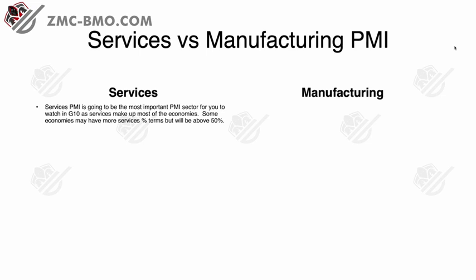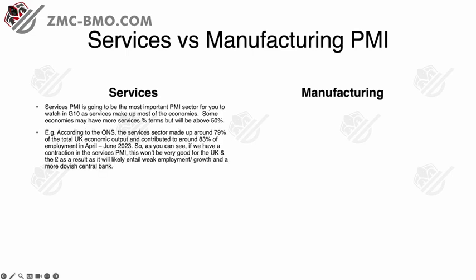So if you're seeing the services sector within that economy fall, that's going to move the currency, and that's going to move the sentiment, especially for other economies where there's like 75% weighting, massive amounts of weighting on the services PMIs. Manufacturing may not be as important. And that's why you sometimes might see that there's not really any reactions to manufacturing PMIs. That's because the markets actually care more about services, because services make up a large majority of G10, a very, very large majority.